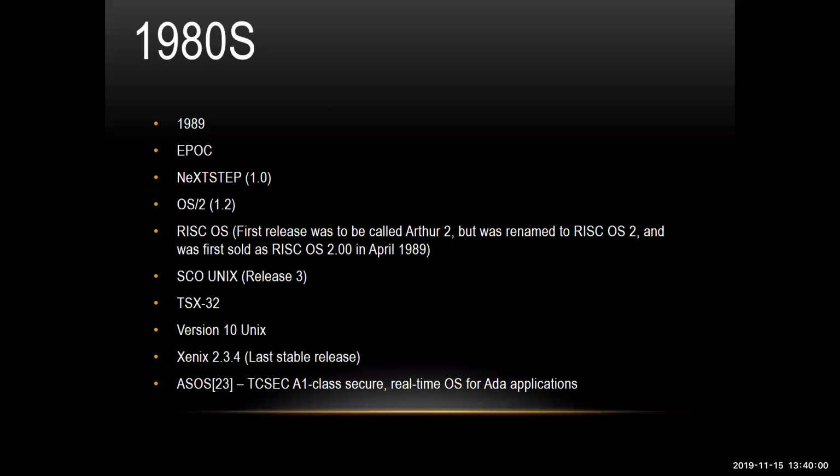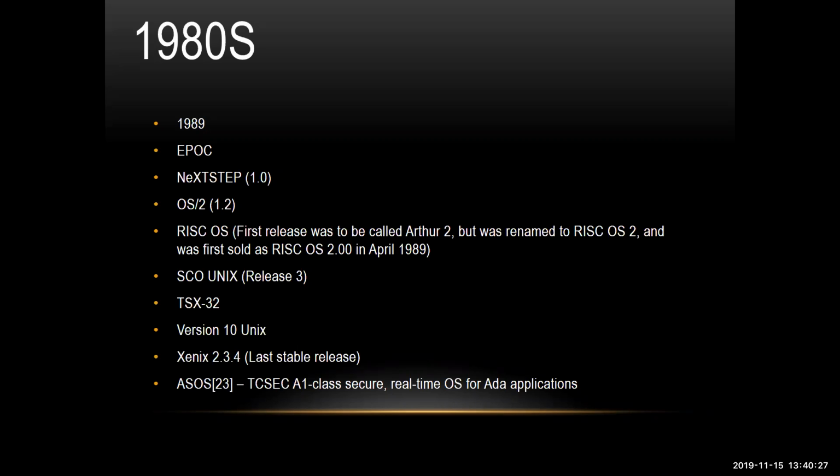Then OS/2 1.2 was released. And then RISC OS. Then SCO Unix was released as well. It is a closed source computer operating system developed by Santa Cruz Operation.